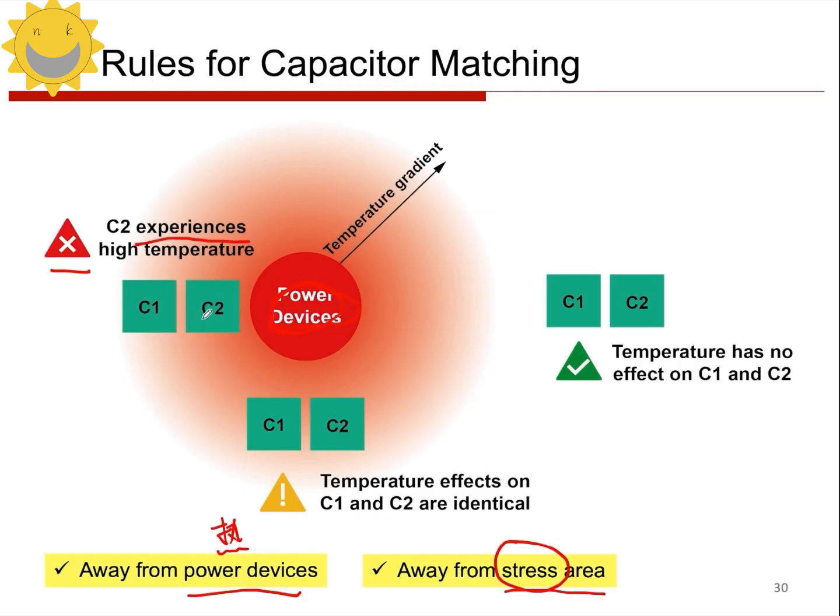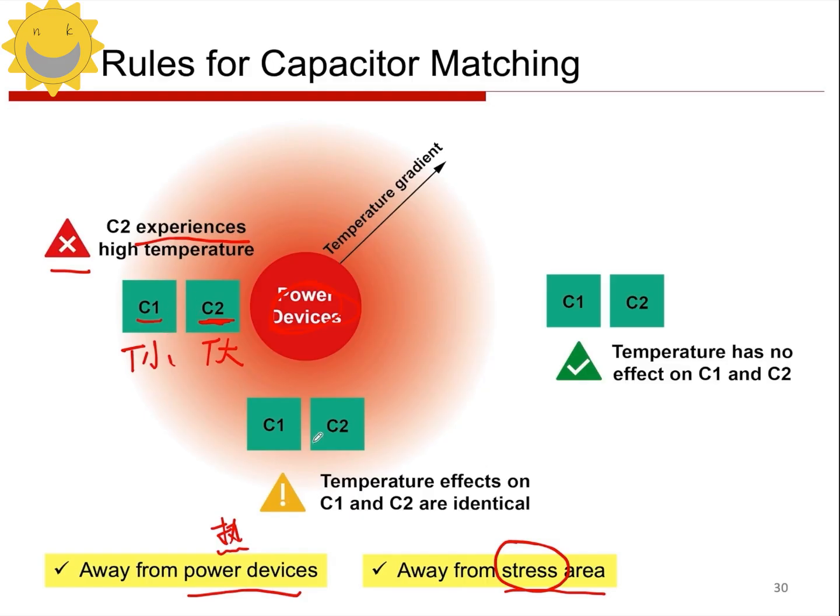The area where C2 is located has a higher temperature, so the temperature where C1 is located is lower. This will cause some deviations between C1 and C2, so placing the two capacitors this way is not advisable.